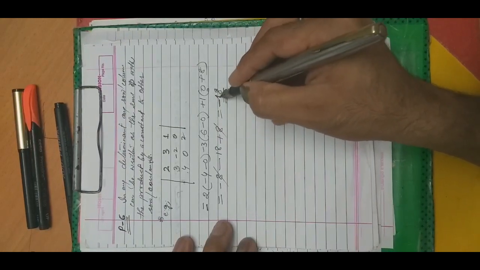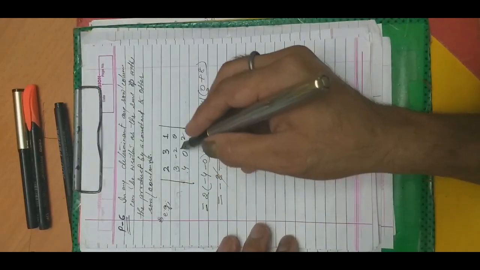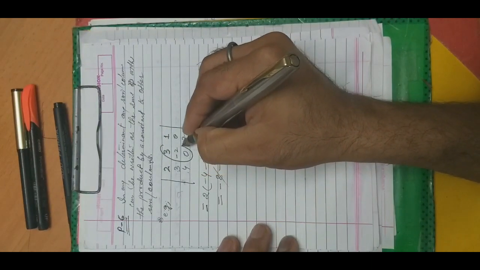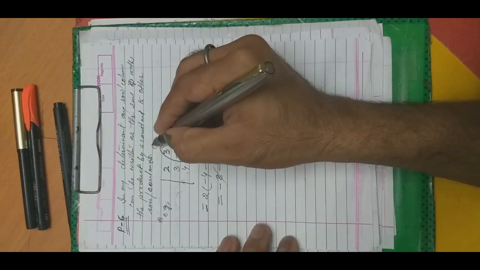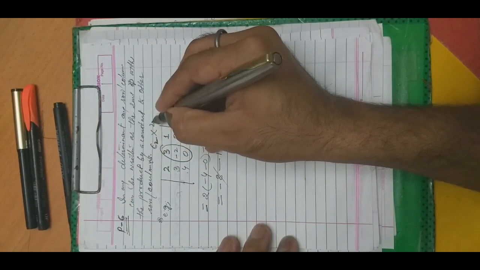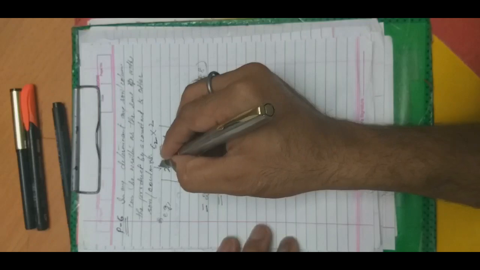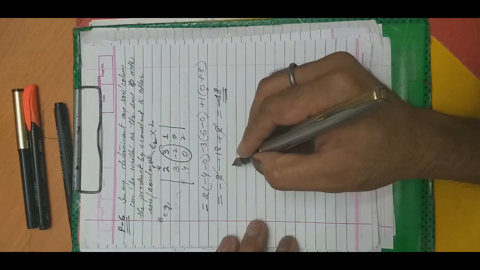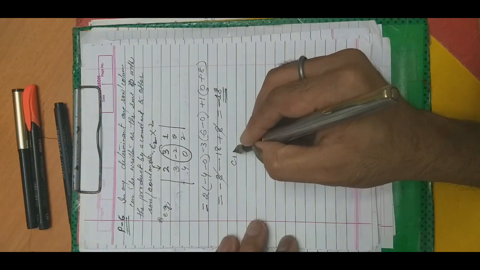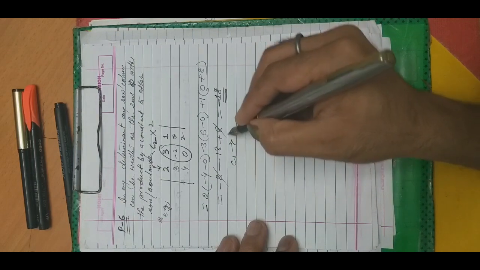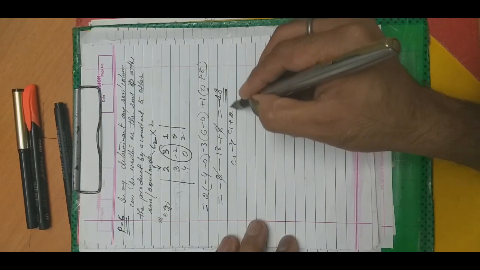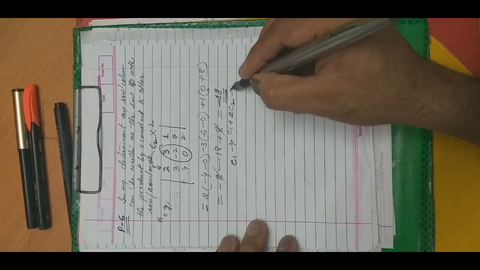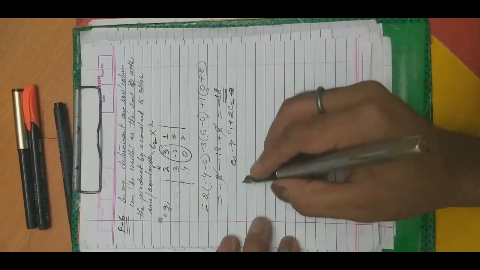Now what is the property that I applied here? For example, we multiply this particular column C2 by 2 and add it into C1, and then C1 will be replaced by this. What I want to say is, C1 will be written as C1 plus twice of C2. This elementary operation we have done in matrices.